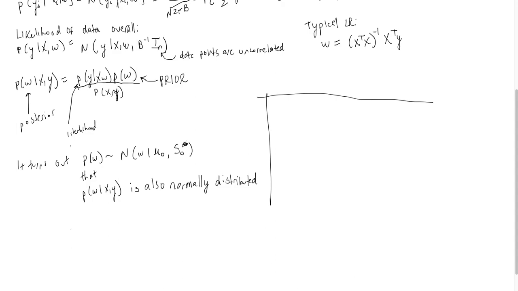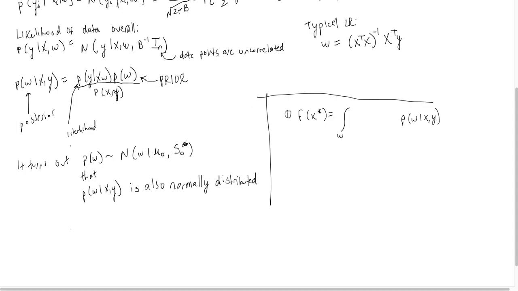There are two things. First, if you have a new data point, x star, let's say you've trained your model and you have a posterior distribution already, the way you would obtain a prediction on that new data point is you could integrate over your entire distribution of w, your entire posterior, and just take the value of the regression at that point.